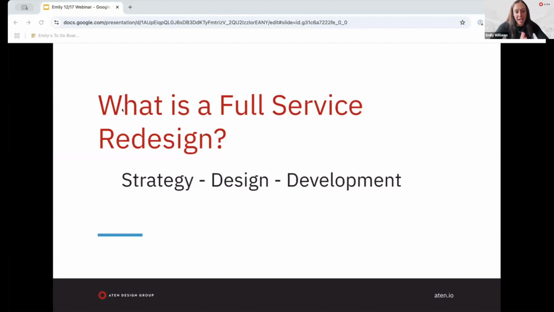I thought that it would be helpful to talk a little bit about what a full service redesign is. Here at Atten, we have three phases: strategy, design, and development. And that encompasses our full service redesign. So maybe you have a website and you want to completely overhaul it.